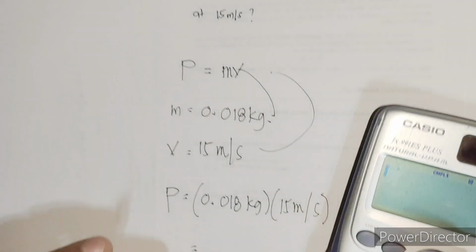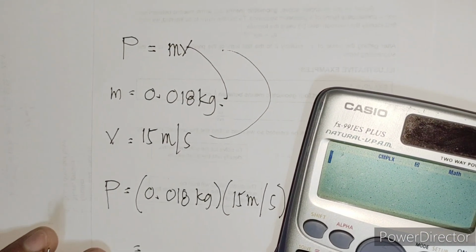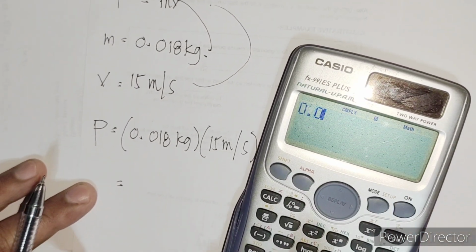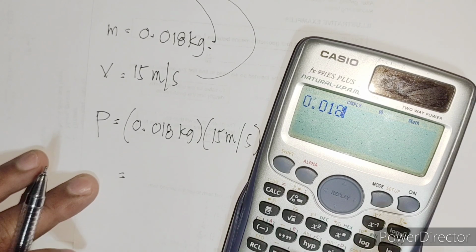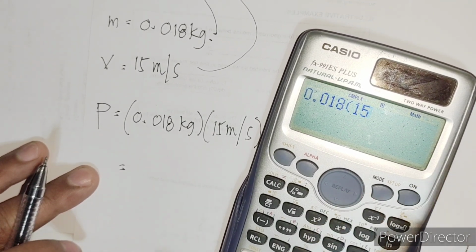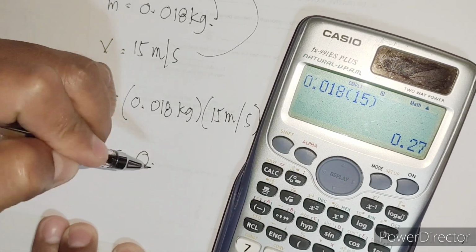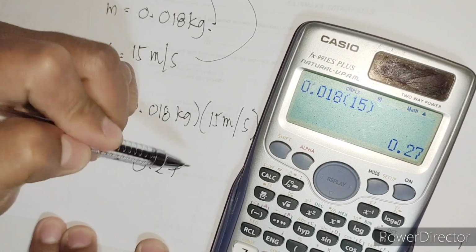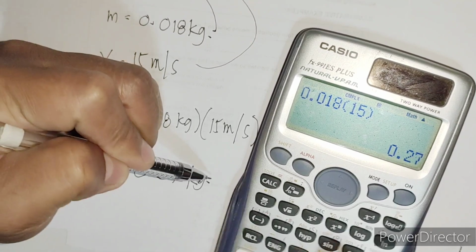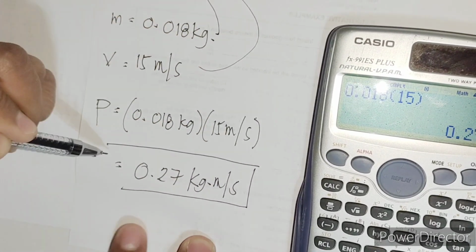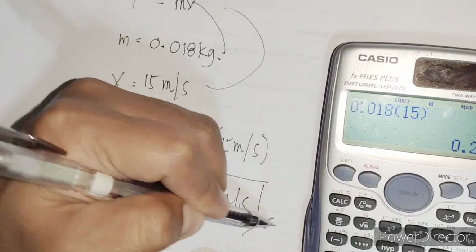Sabi ni Ma'am Tintin kanina, kung ano ang pagkakasulat, yun dapat po ang pagkakapindot. 0.018 times 15 is equal to, we have now 0.27 kilogram meter per second. Final answer. Maliwanag ba, Ma'am Tintin? Sobrang liwanag po.